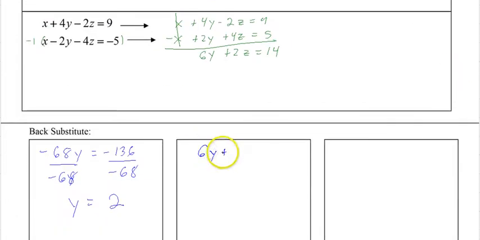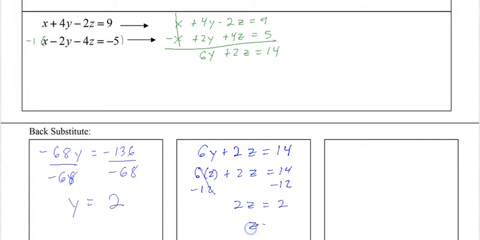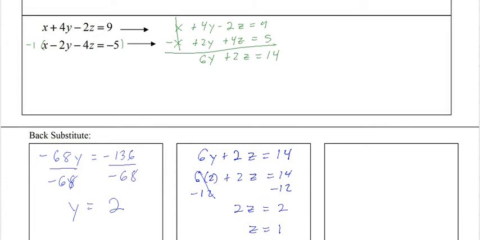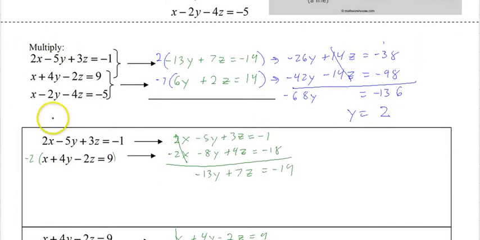So 6y plus 2z equals 14. Plug in the 2. Solve it. So z equals 1. And then we go back and we pick any of these. I like the middle one. I'll pick that one.